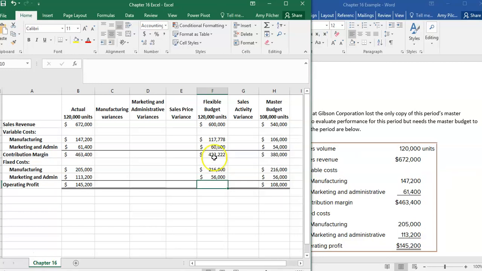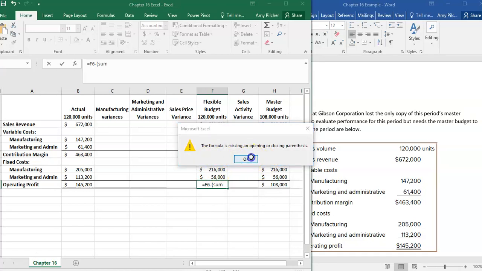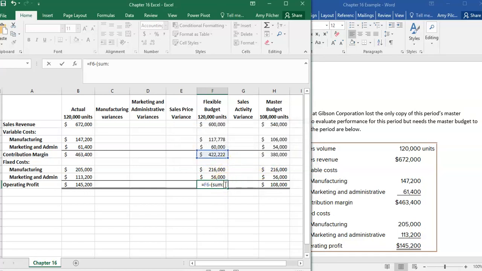That gives us an operating profit of our contribution margin minus the costs, so we have an operating profit of $150,022.